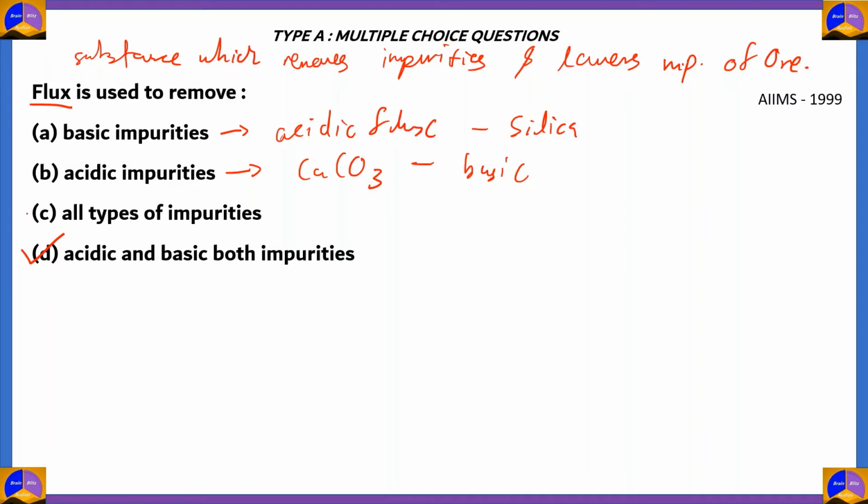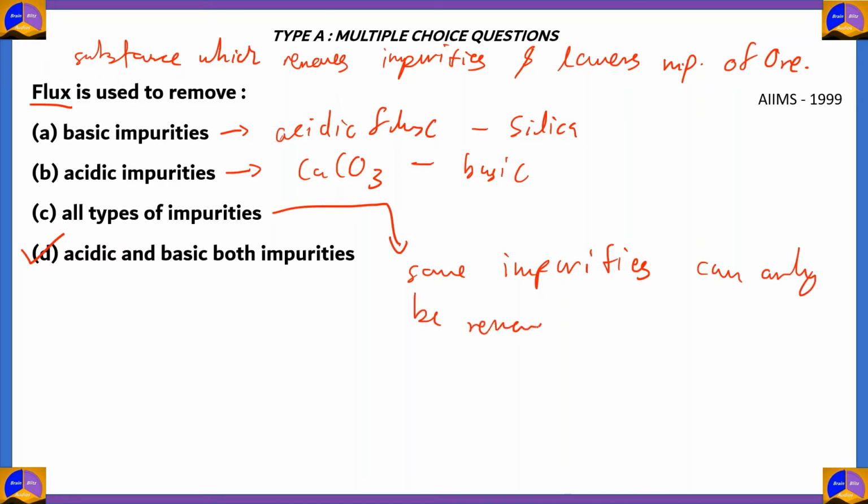The reason why we did not choose option C, all types of impurities, is that some impurities can only be removed by refining the metal. That happens after converting the carbonates into oxides and then the oxides back into their metals.